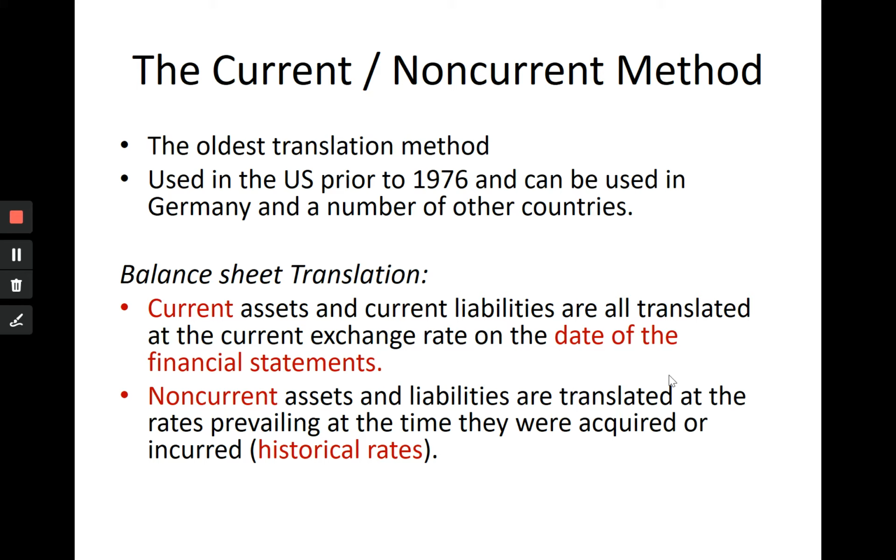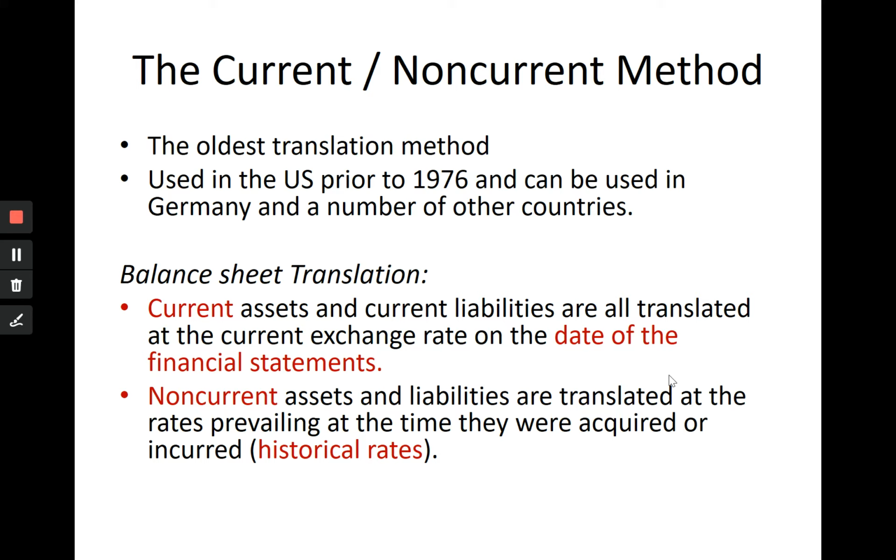Under this method, the balance sheet of a foreign subsidiary is translated into the parent's home currency, looking at assets that are current, and current assets or short-term assets and current liabilities are all translated at the current exchange rate.